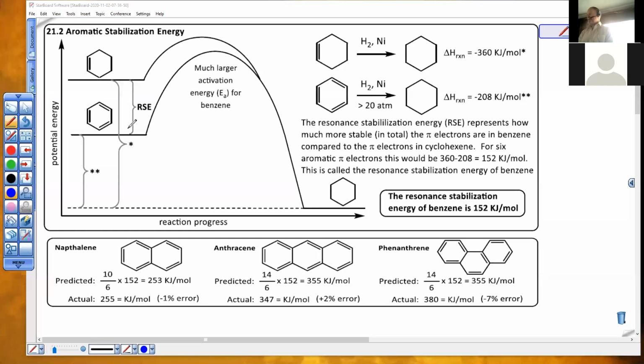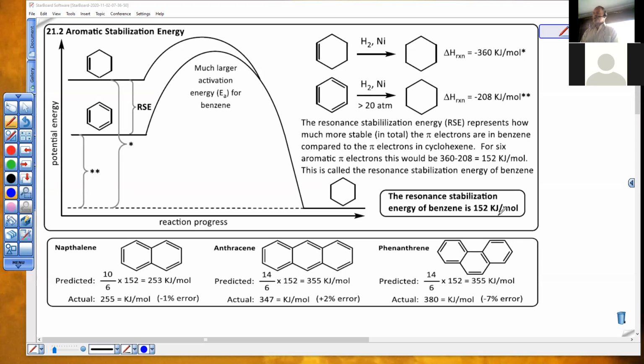And it accounts for a difference of 152 kilojoules per mole when we're talking about 6 pi electrons. That's benzene's number of pi electrons. Benzene's pi electrons are 152 kilojoules per mole more stable than the same number of pi electrons in a non-resonating molecule. That's what that says.